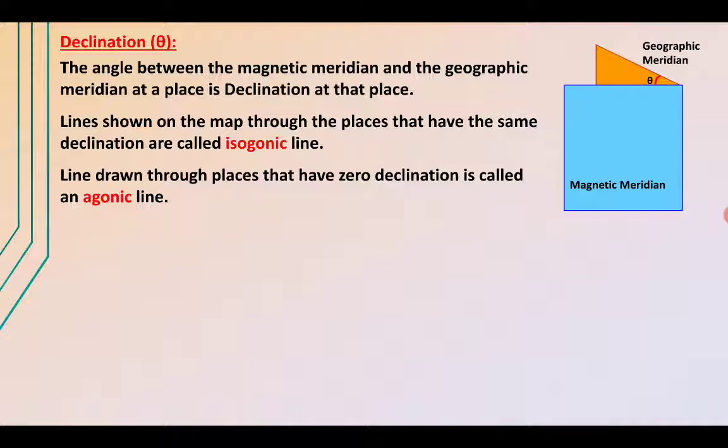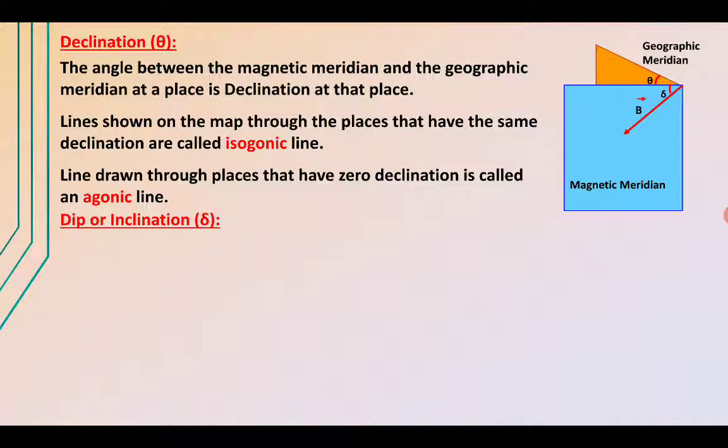Now we have another term, known as the angle of dip or magnetic inclination. From the figure you can see that B represents the net resultant magnetic field, and we have this angle between the horizontal of the magnetic meridian and the resultant magnetic field.